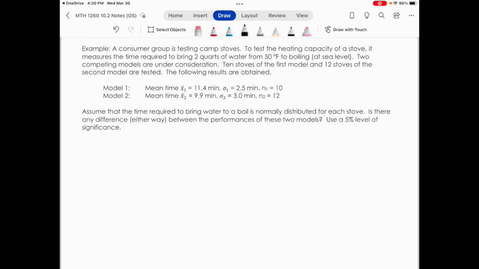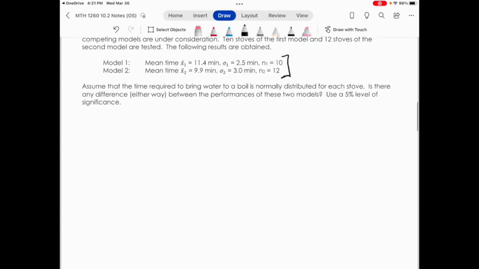So let's look at example 1. We have a consumer group testing camp stoves. To test the heating capacity of a stove, it measures the time required to bring 2 quarts of water from 50 degrees Fahrenheit to boiling. 2 competing models are under consideration. 10 stoves of the first model and 12 stoves of the second model are tested, and the following results are obtained.